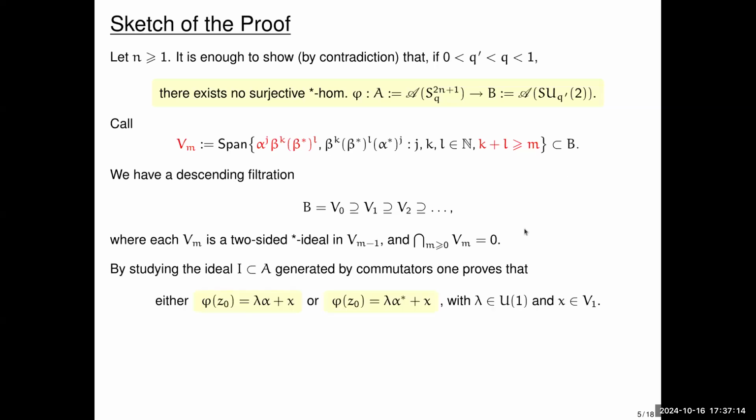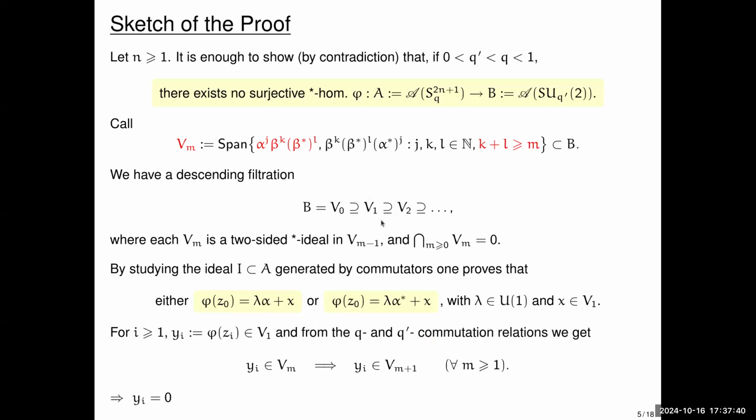Then you call I the ideal in the algebra of the sphere generated by commutators. By studying this ideal, you show that this map phi, which does not exist, if it exists, it should map zeta 0 to lambda alpha plus x or to lambda alpha star plus x, where lambda is a unit complex number and x is in V_1, the first ideal.